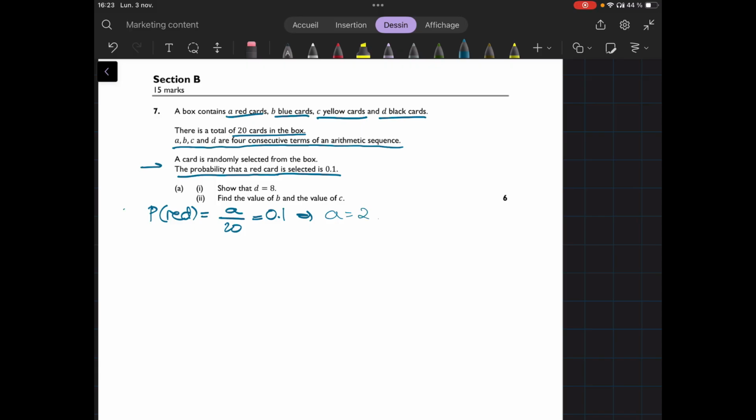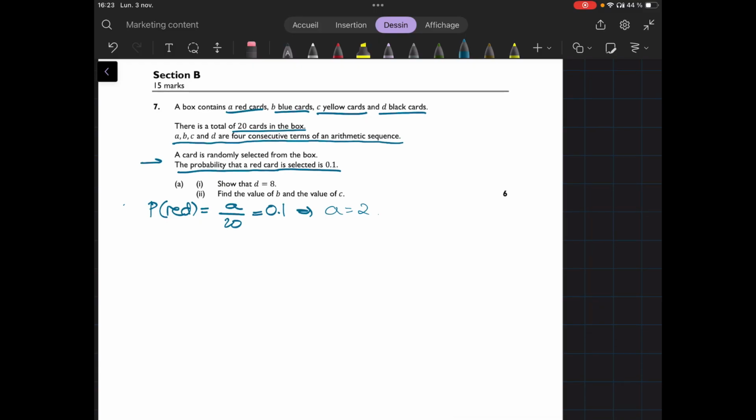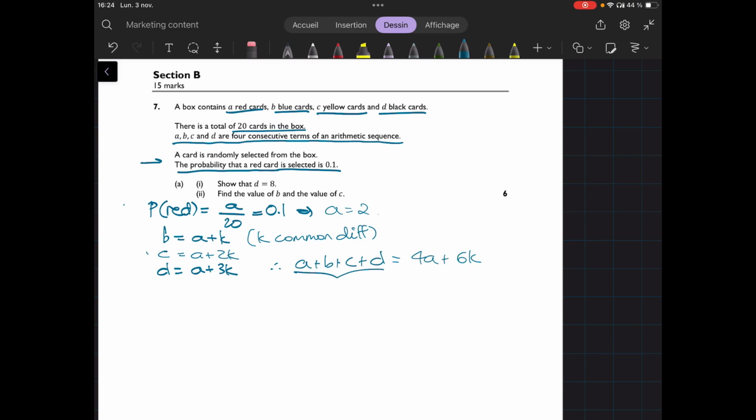How do we find the value of D? We know that B is equal to A plus k, so let k be the common difference. C is A plus 2k, D is A plus 3k. Therefore, A plus B plus C plus D is equal to 4A plus 6k. There are 20 cards in total. A is equal to 2, so 4A is equal to 8.